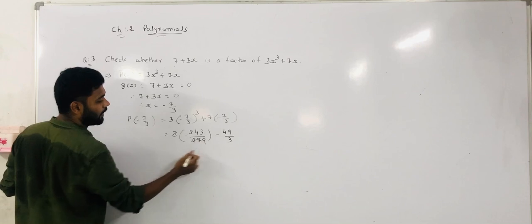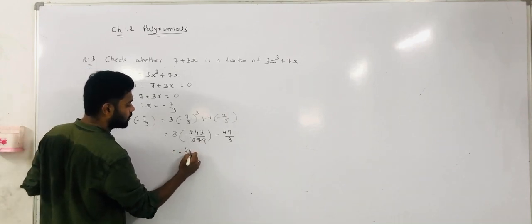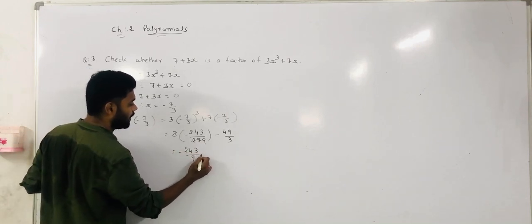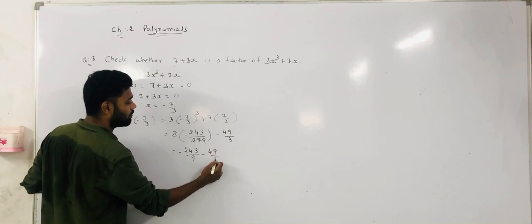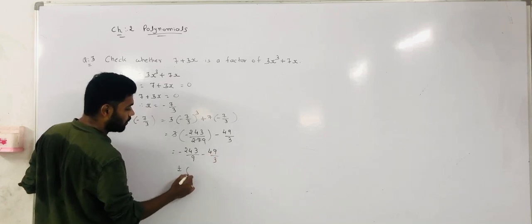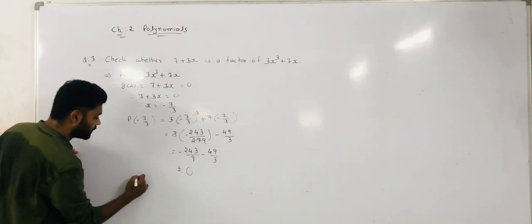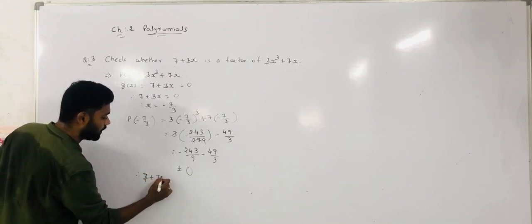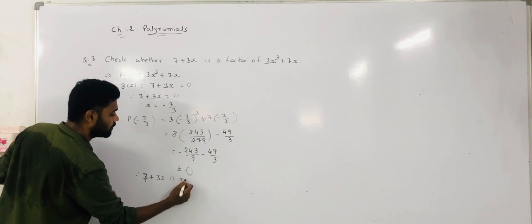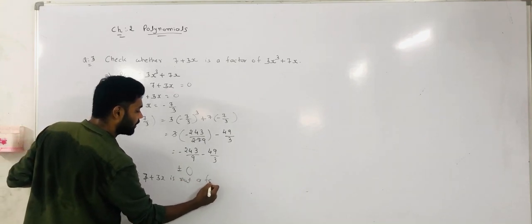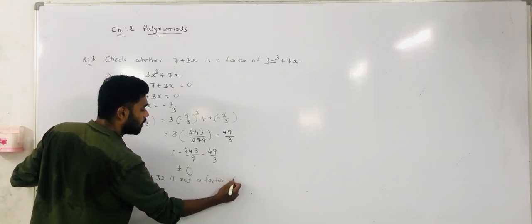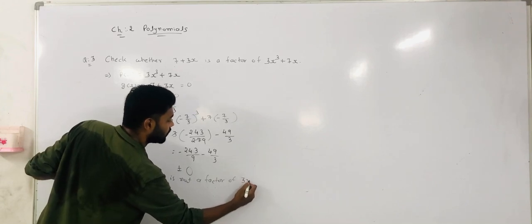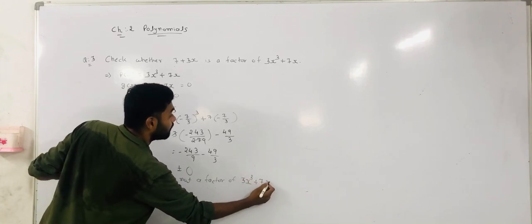So minus 343 divided by 9 minus 49 by 3 is not equal to 0. So we can say that 7 plus 3x is not a factor of 3x cube plus 7x.